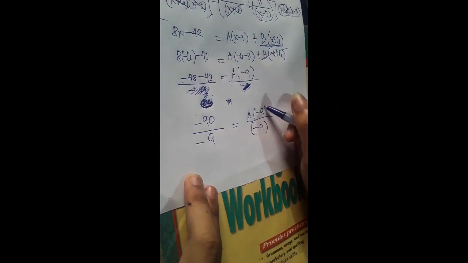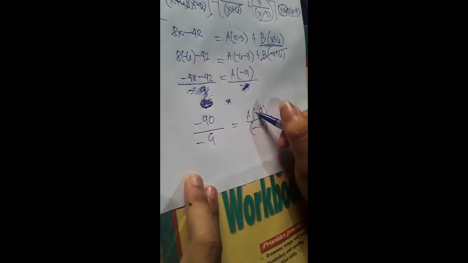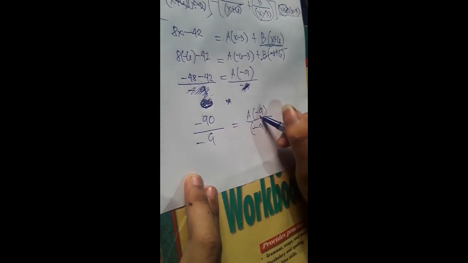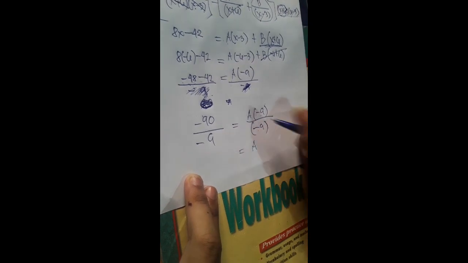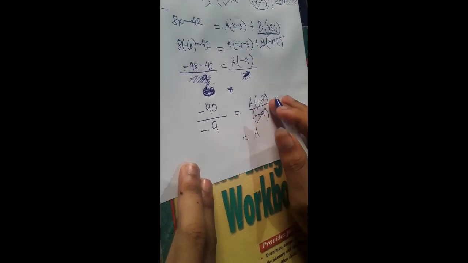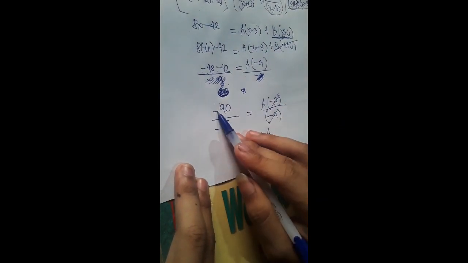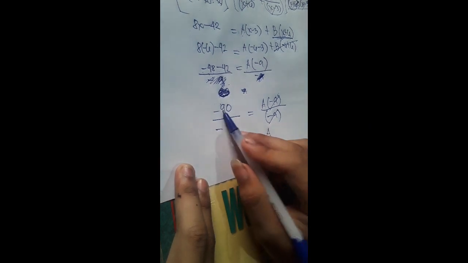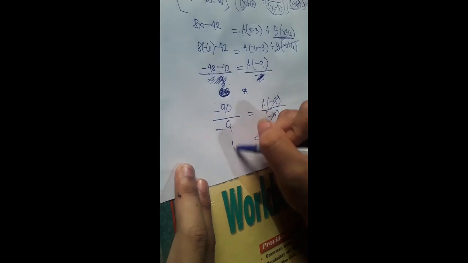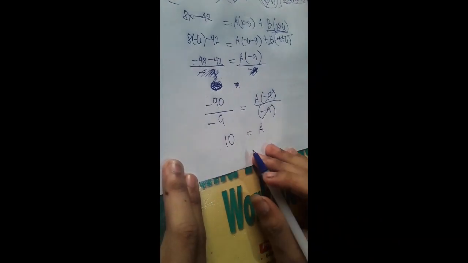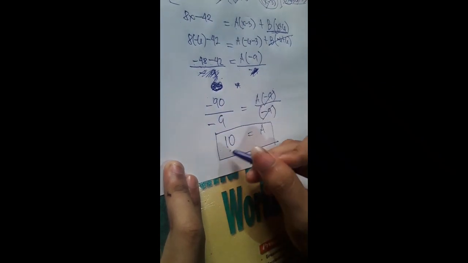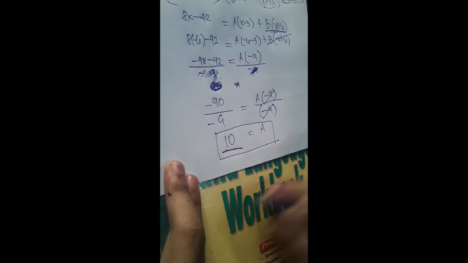We can cancel this one, because negative 9 divided by negative 9 is equal to 1, and a times 1 will become a. So cancel. Negative divided by negative will be positive, and 90 divided by 9 is equal to 10. So our value of a is positive 10.